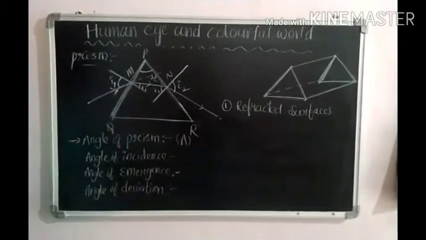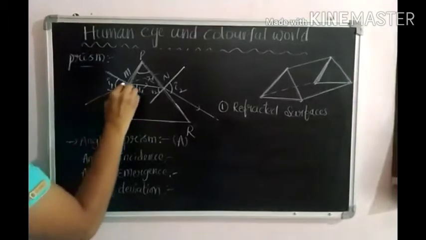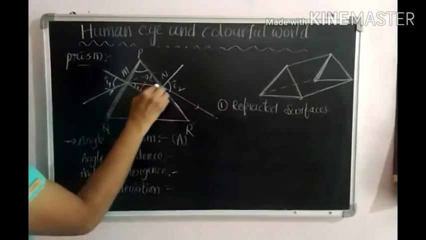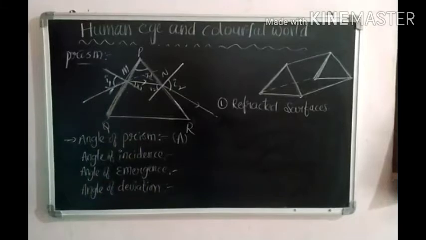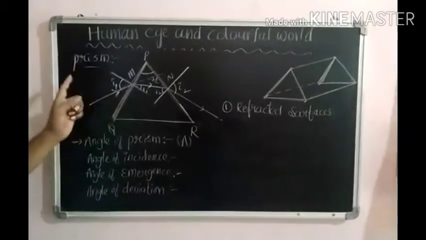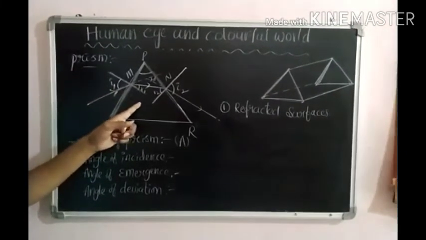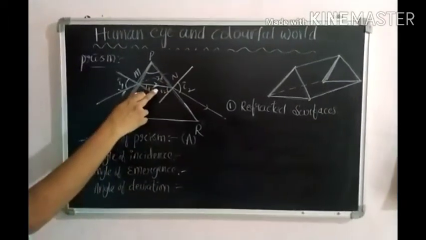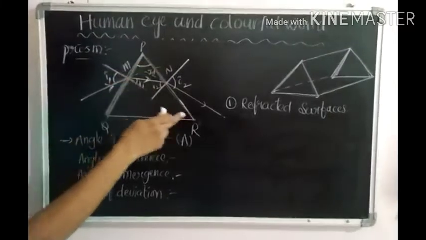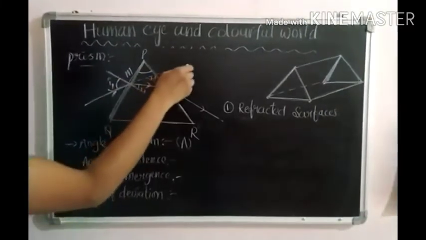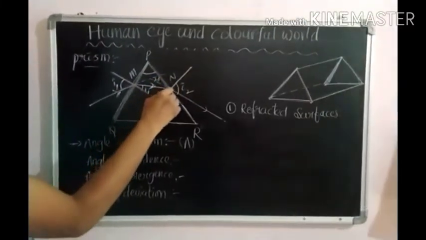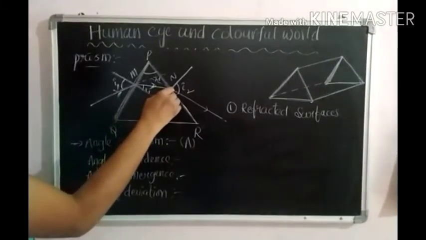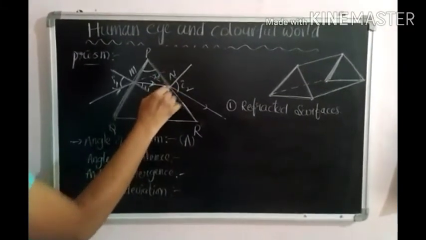What is the angle of emergence? When a light ray enters into the prism, refraction takes place. The light is traveling from one medium to another medium, rarer to denser, so automatically refraction takes place. This is said to be the refracted ray. This refracted ray acts as an incident ray to the second surface. Here also, I draw a normal at this point.